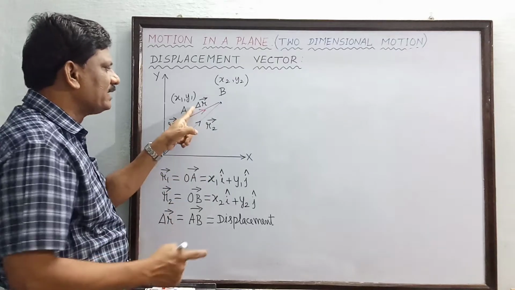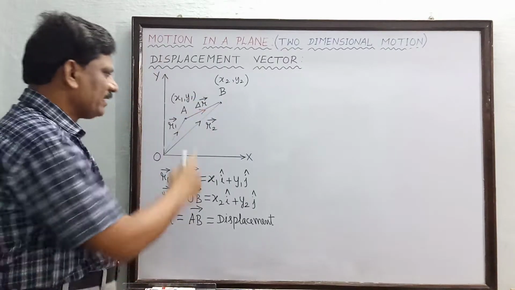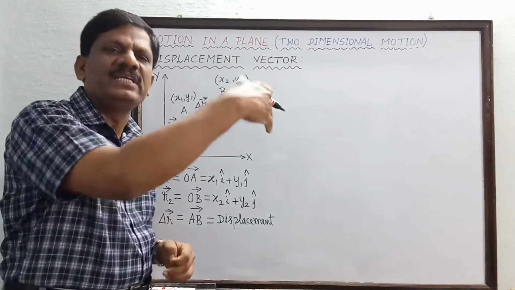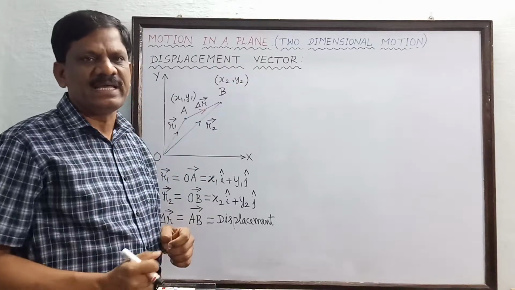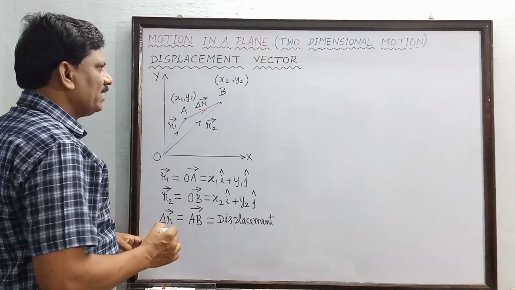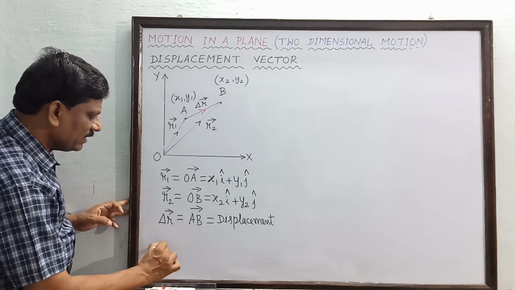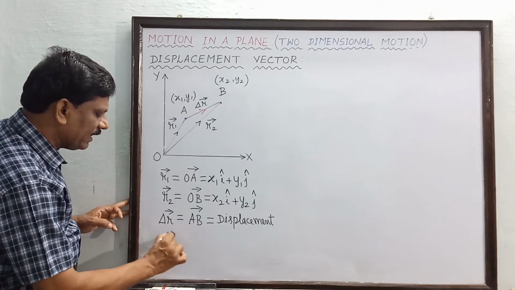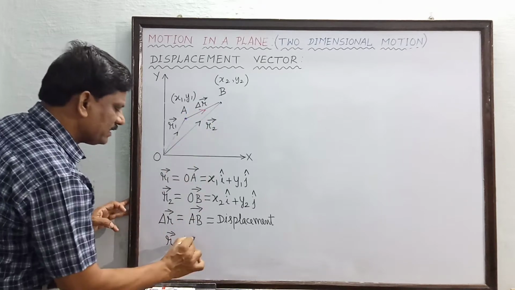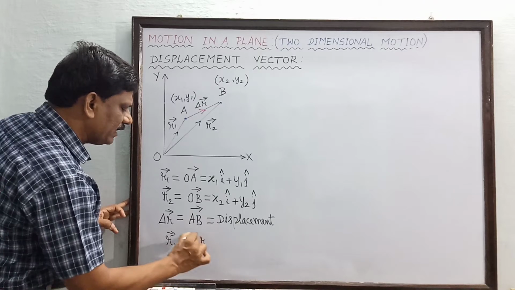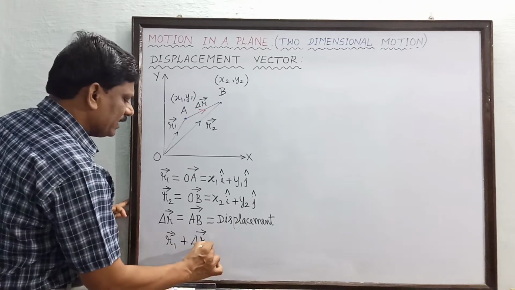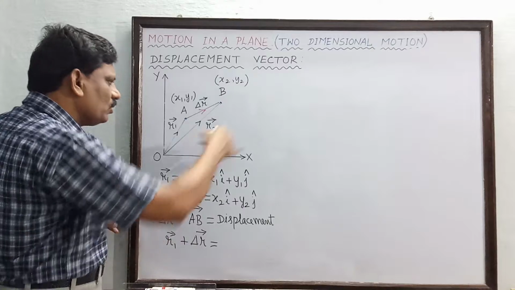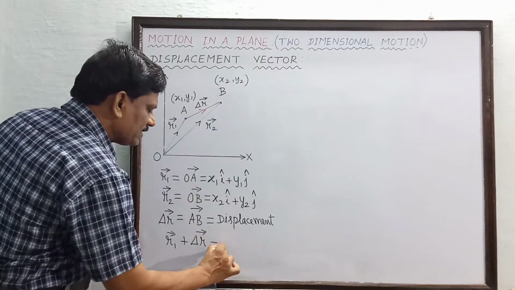R1 vector and delta R are in the same order, whereas R2 vector is in the opposite order, in the anti-clockwise direction. So if I add R1 vector plus delta R vector, this will be equal to the opposite vector, that is R2.